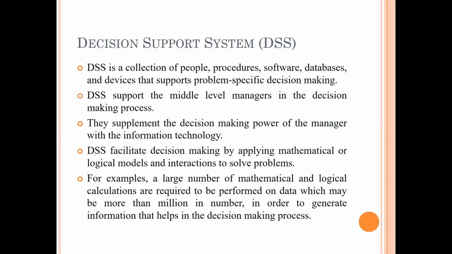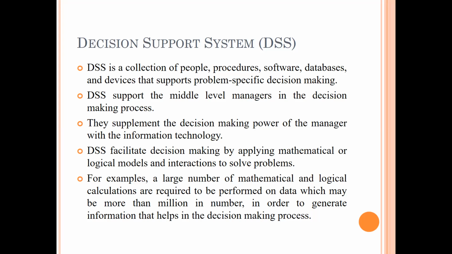We now look at decision support systems in depth. A decision support system is a collection of people, procedures, software, databases, and devices that support problem-specific decision making. The decision support system supports the middle-level managers in the decision-making process. They supplement the decision-making power of the manager with information technology.